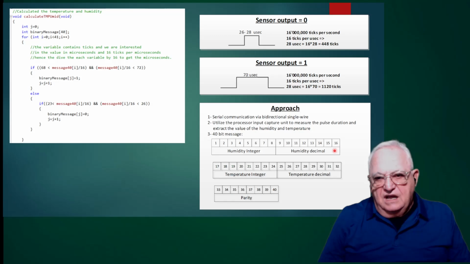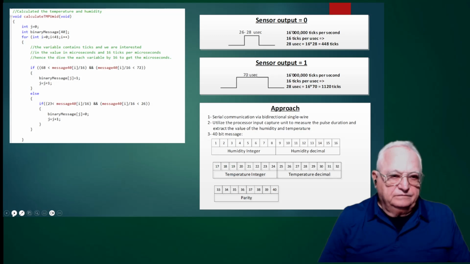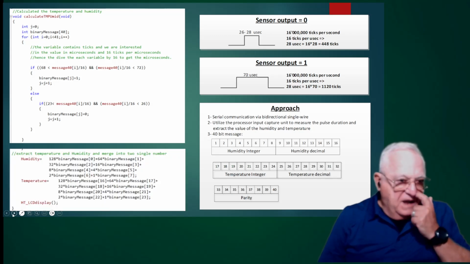The decimal, I don't have to worry about. Then the values 17 through 24, which would be array 16 to 23, are going to give my temperature. I don't have to worry about the decimal portion, and I can ignore the parity. So this is how I do that.